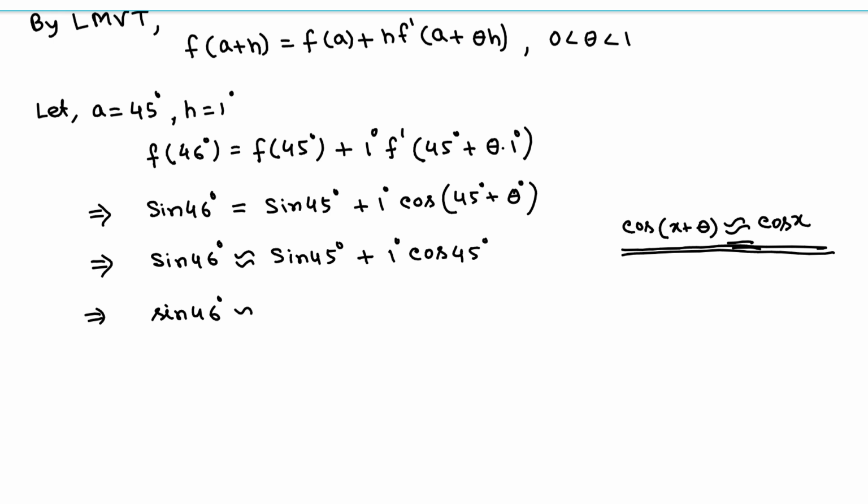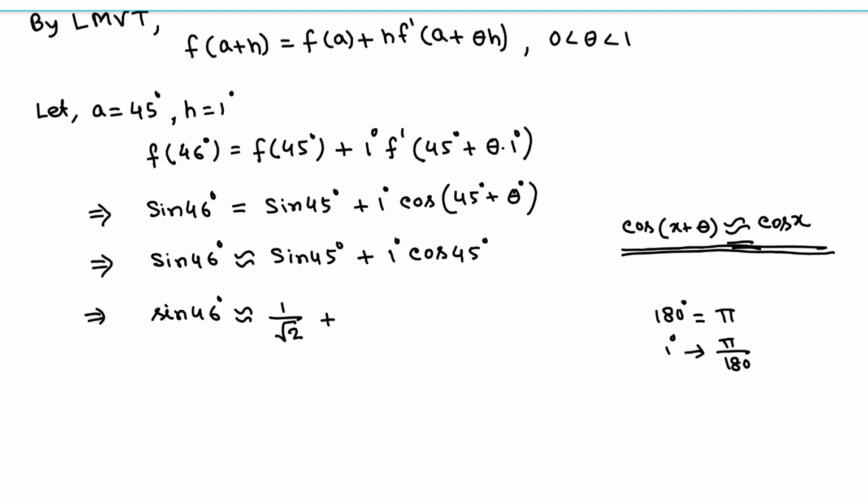Now this implies sin 46 degree is nearly equal to, what is the value of sin 45 degree? 1 by root 2, plus now 1 degree. We know that 180 degree equals pi radian, so 1 degree is pi by 180 radian.